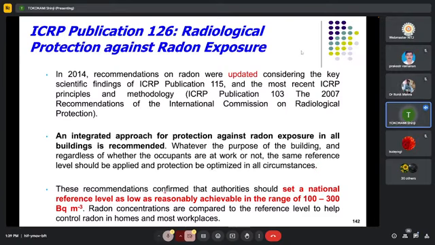These recommendations confirmed that authorities should set a national reference level as low as reasonably achievable in the range of 100 to 300 becquerel per cubic meter. Radon concentrations are compared to the reference level to help control radon in homes and most workplaces.